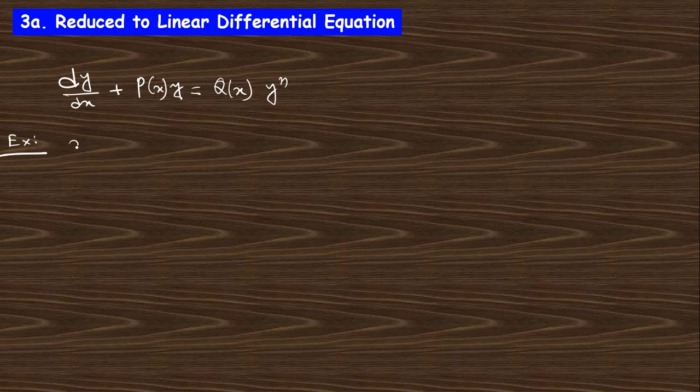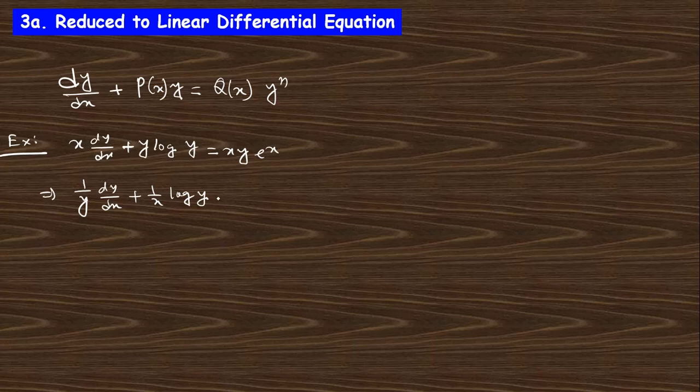For example, take the equation x dy/dx plus y log y equals x y e to the power x. So if we divide by x y in this equation, you will get 1 by y dy/dx plus 1 by x log y equals e to the power x.